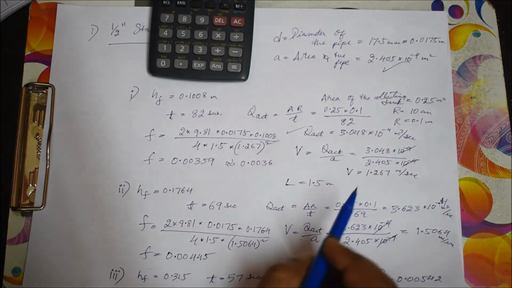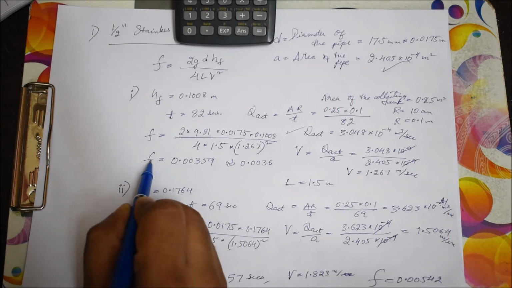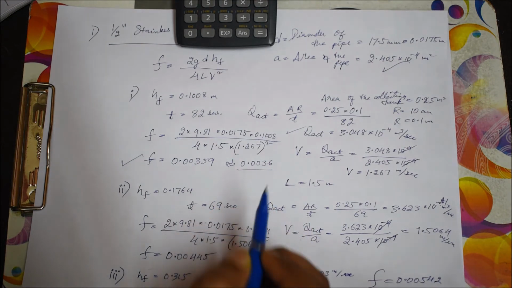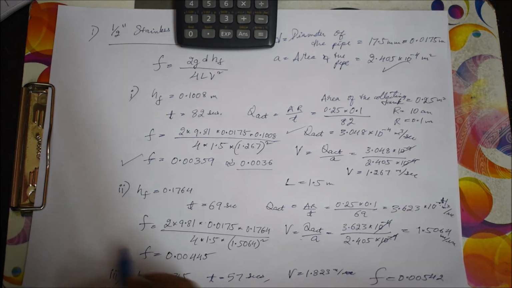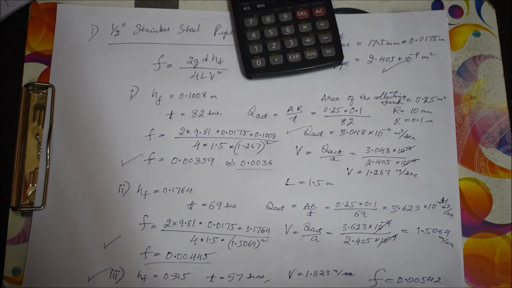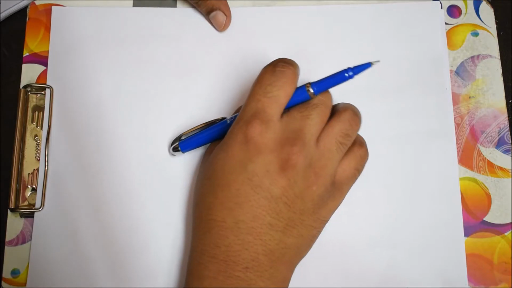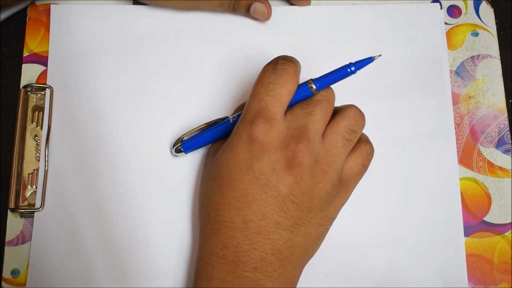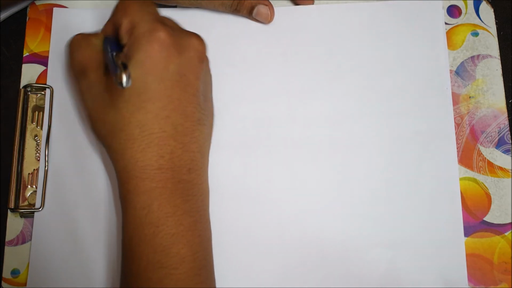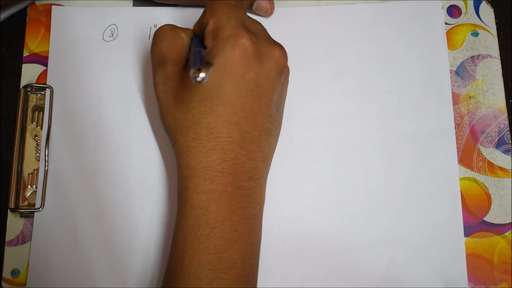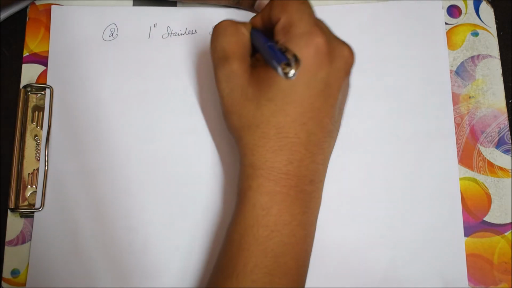So if you just have a look at it, friction factor is 0.0036 for the first reading, 0.00445 for the second reading, 0.00542 for the third reading. Now let's move on to calculate friction factor for the second pipe, that is the 1 inch stainless steel pipe.